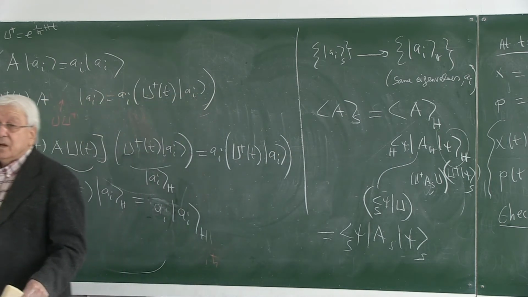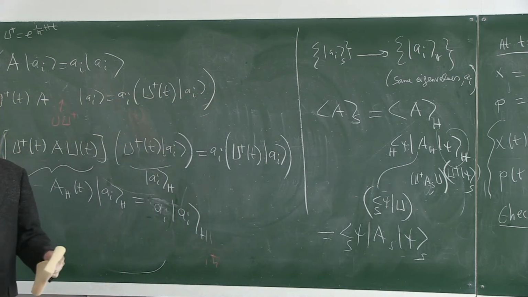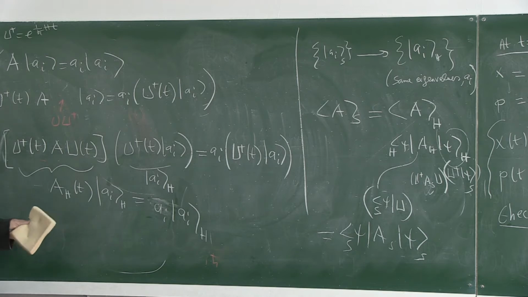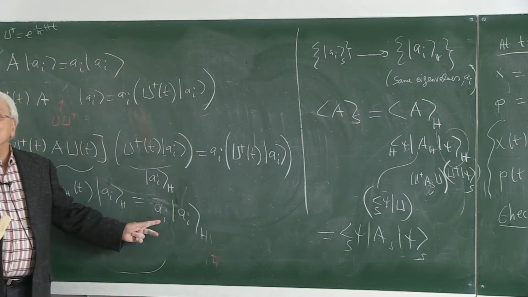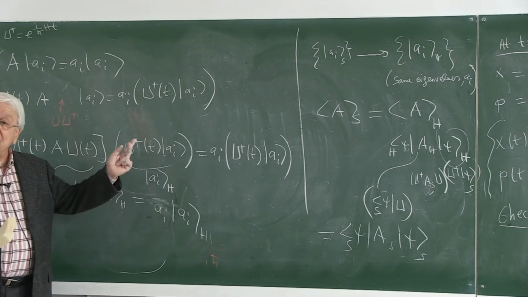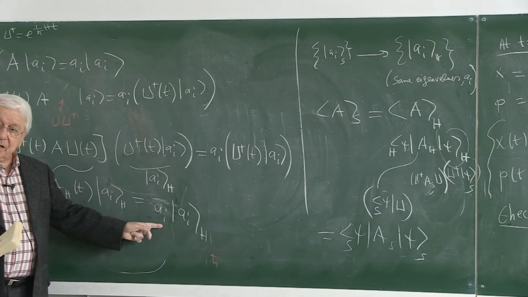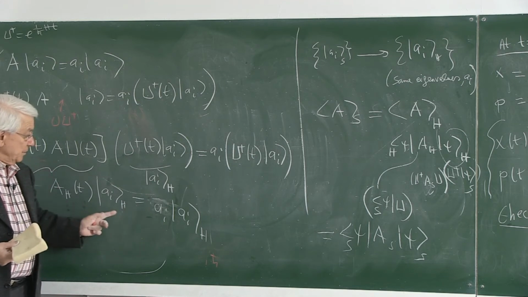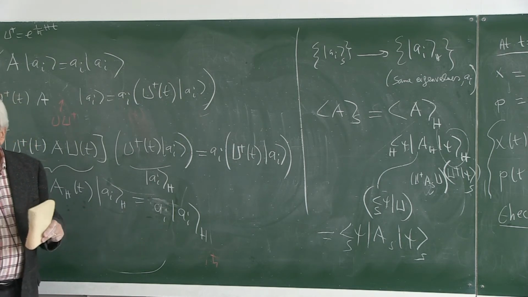Question. Being the eigenvector of a now time-dependent observable, the observables are time-dependent, eigenvalues stay the same, so that there's no time dependence coming from here. It was time independent in the Schrödinger picture. It's time independent now. So if this is time dependent, these should be time dependent.